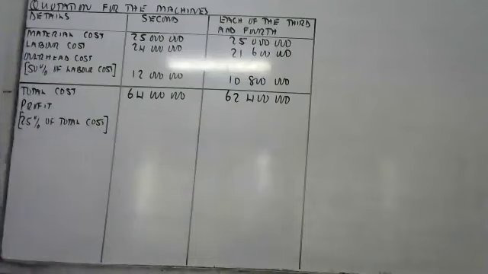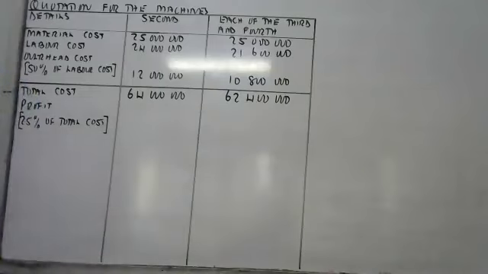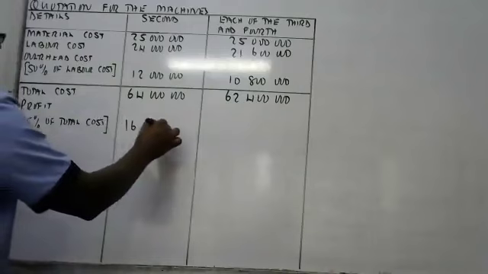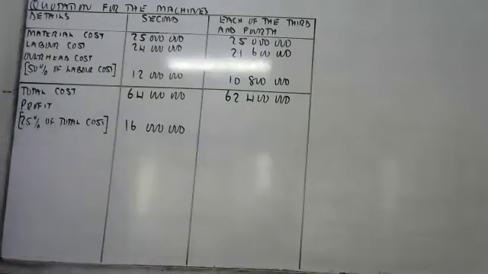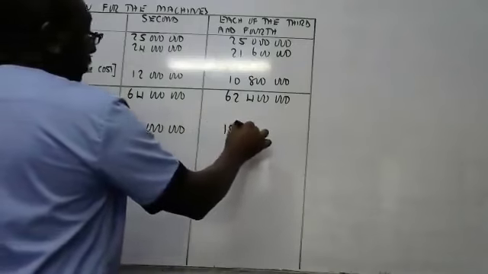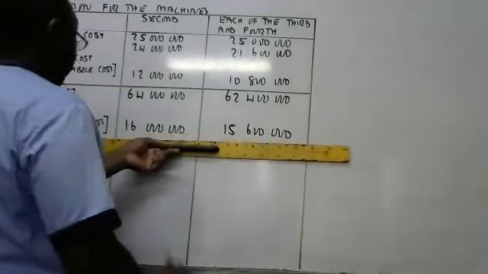So the first one has what? 16 million. And the other, 15,600,000. Good.